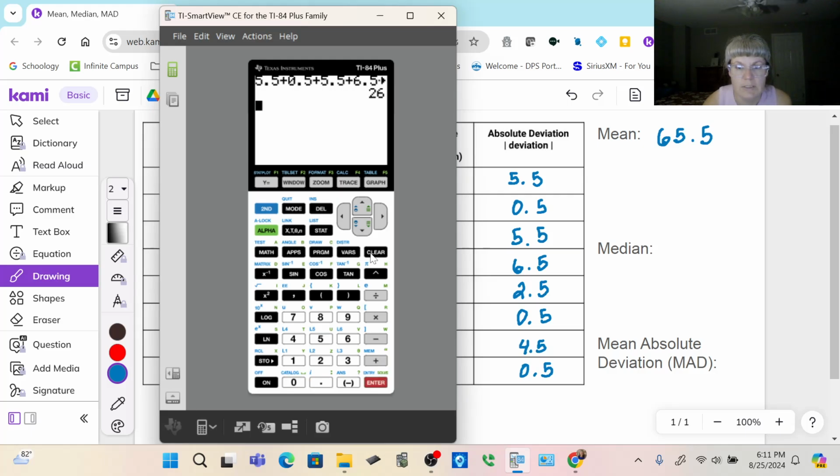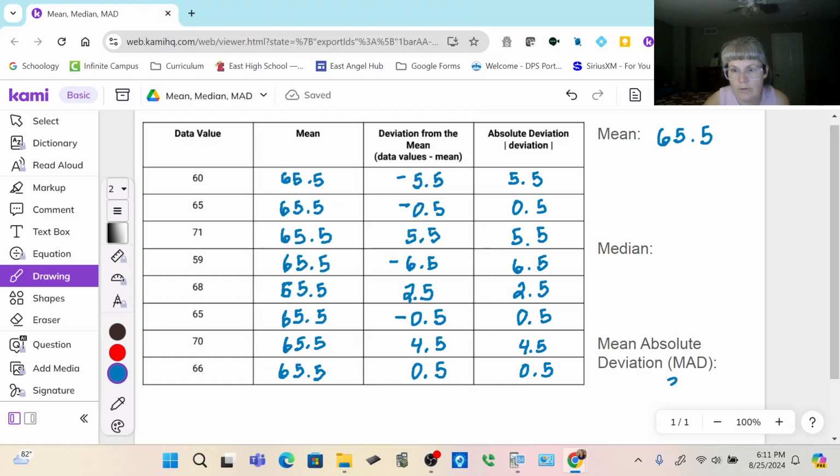Oh, I got the 26 and divide by 8. And we have 3.25. So that gives us a mean absolute deviation of 3.25. Again, that is the average, or you find the total of all of these deviations and divide by the number of them.